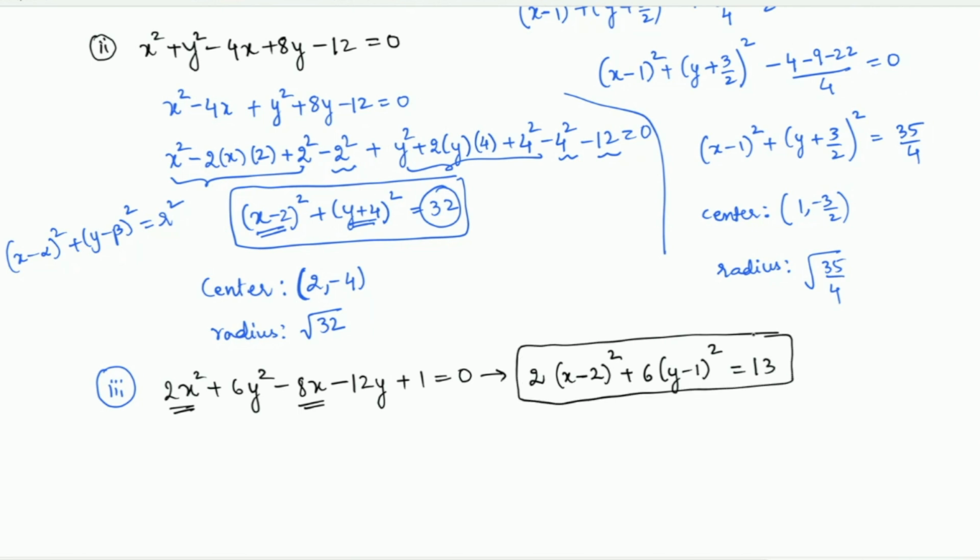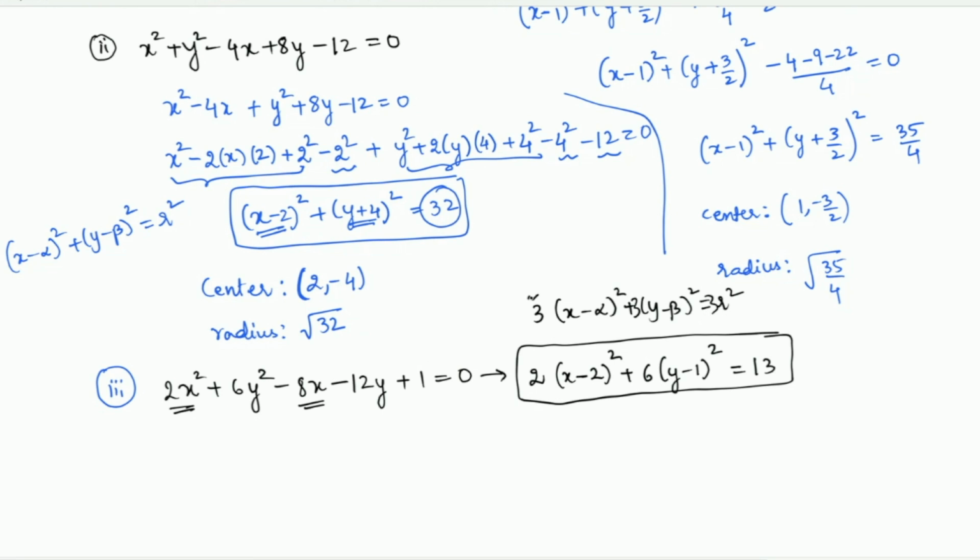Now, if they ask find center and radius, can we find center and radius? What is the main problem here? See, if I have x minus alpha whole square plus y minus beta whole square is equal to r square, that is fine. Or if I have 3 into x minus alpha whole square plus 3 into y minus beta whole square is equal to 3r square, I can divide with 3.